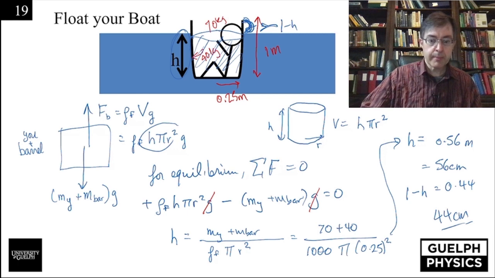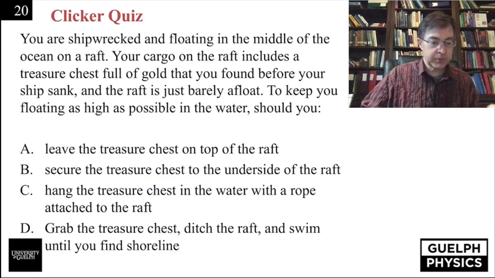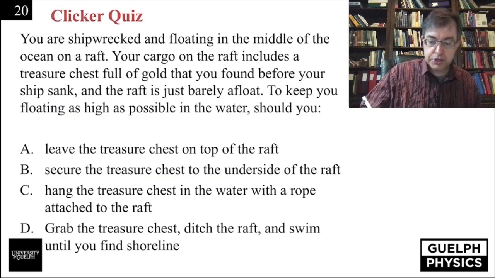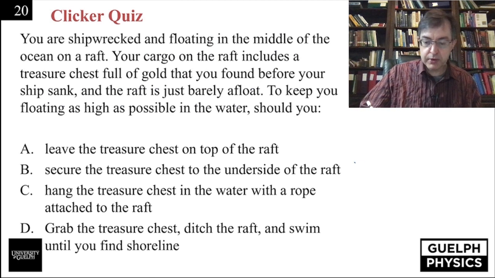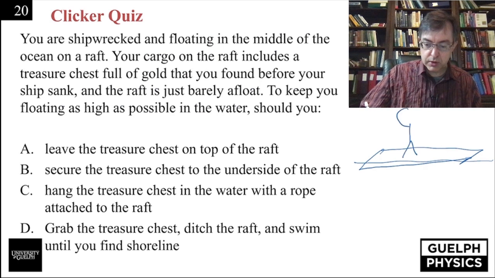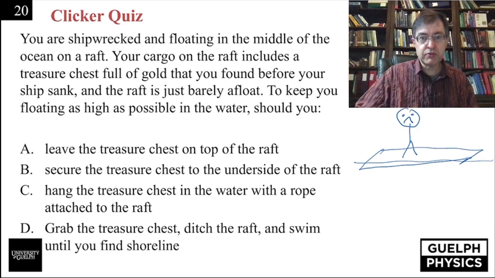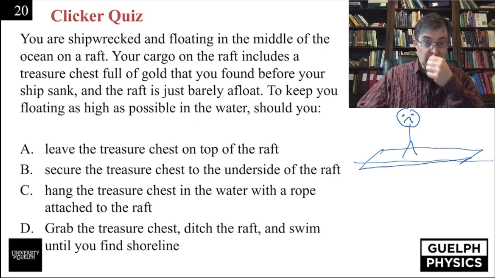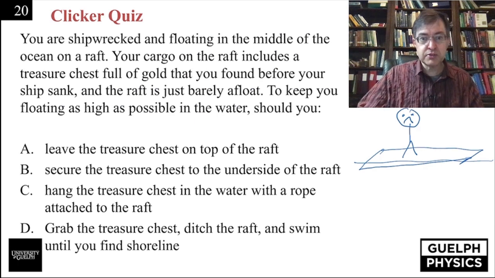All right. Let's do this very interesting clicker quiz. So you're shipwrecked and floating in the middle of the ocean on a raft. Okay, so there's your raft. There's you. You're shipwrecked, so you're not happy. Your cargo on the raft includes a treasure chest full of gold that you found before your ship sank.